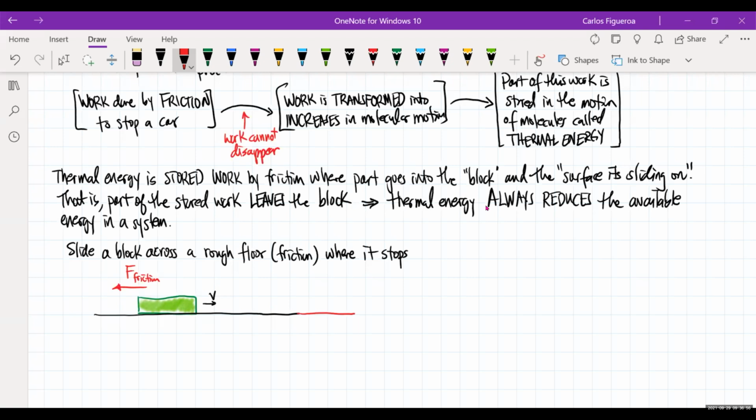Eventually this block has to stop. And so we could imagine that this block is here, and there's now a trail of heat. In other words, part of the heat is now in the block, so part heats up the block, and then part of it is on the surface.